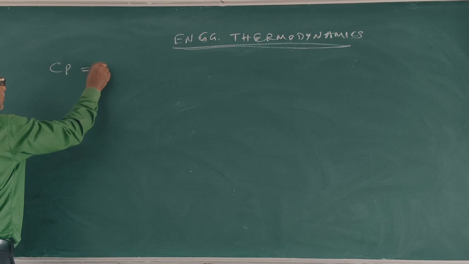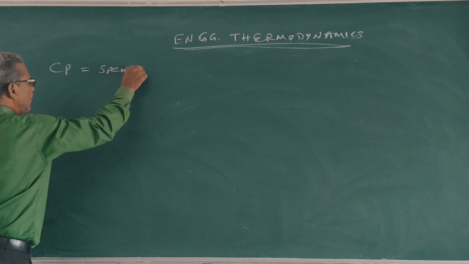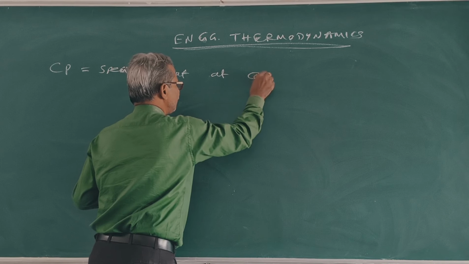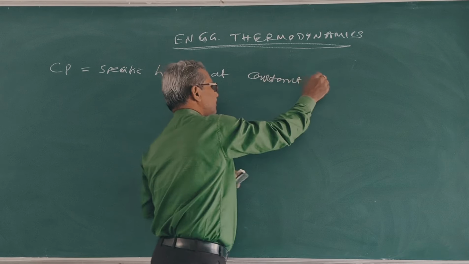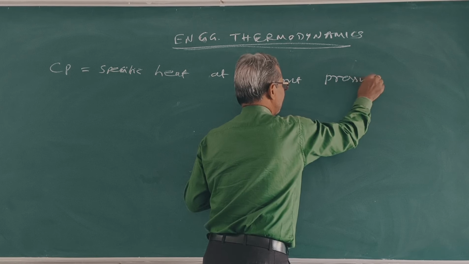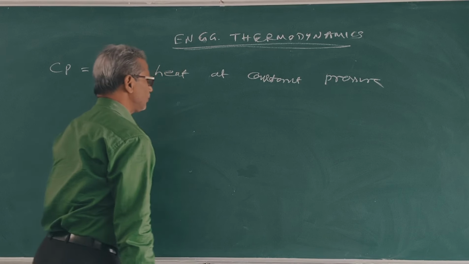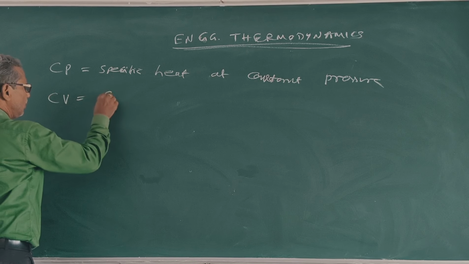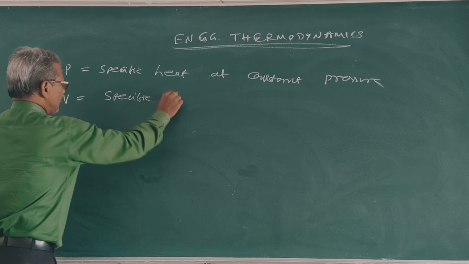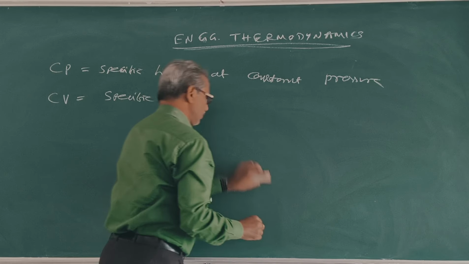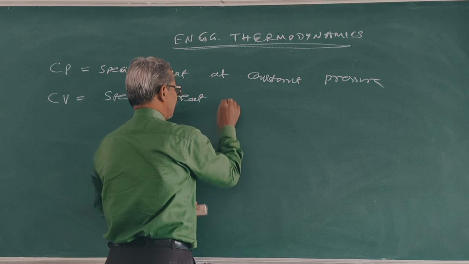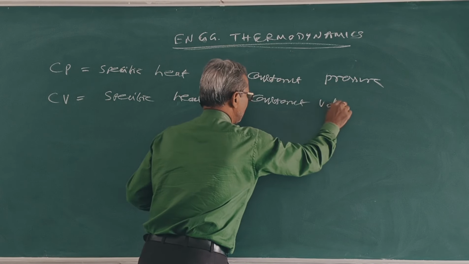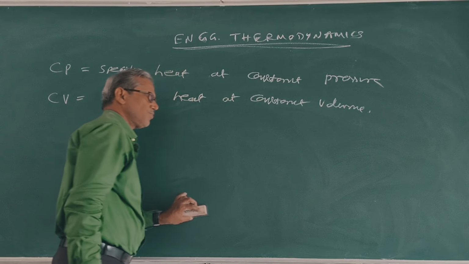Cp is equal to specific heat at constant pressure. Cv is equal to specific heat at constant volume.